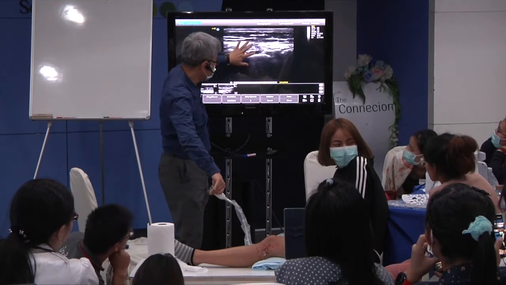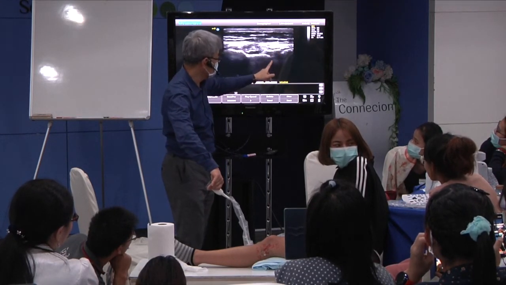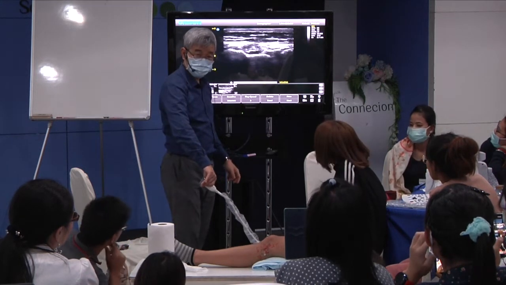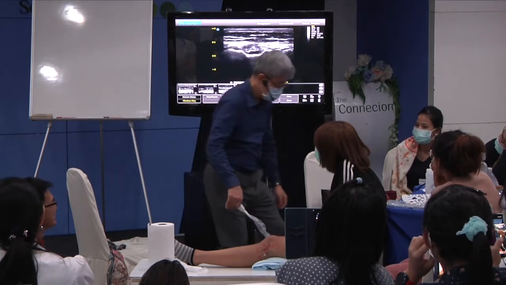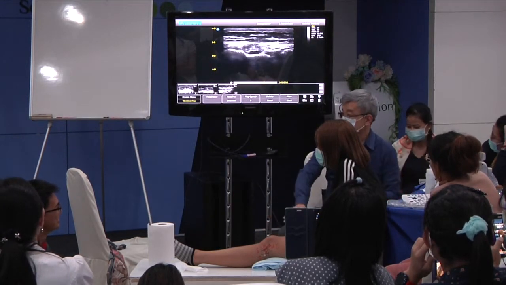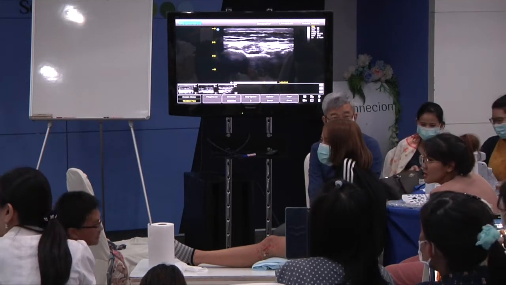LCL, popliteus, triangle shape, lateral meniscus. Because they cannot see the TV, so they give up.